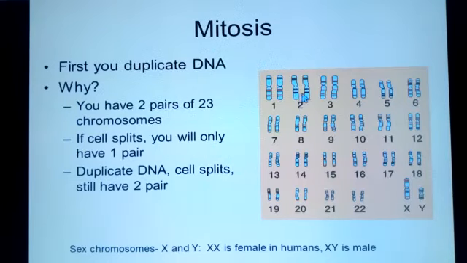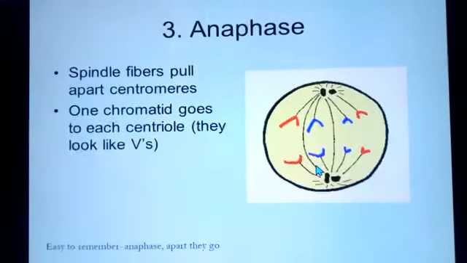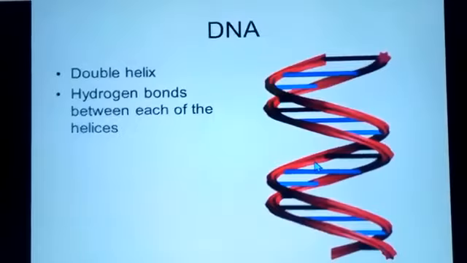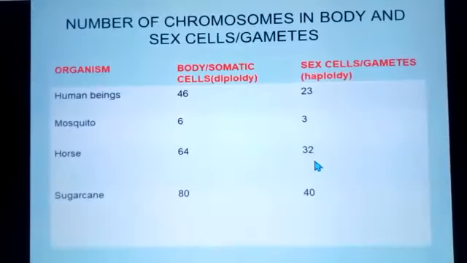Now, you realize that we've said that each organism has a certain fixed number of chromosomes, either in the body cell or the gametes or the sex cells. For example, for human beings, it is 46.